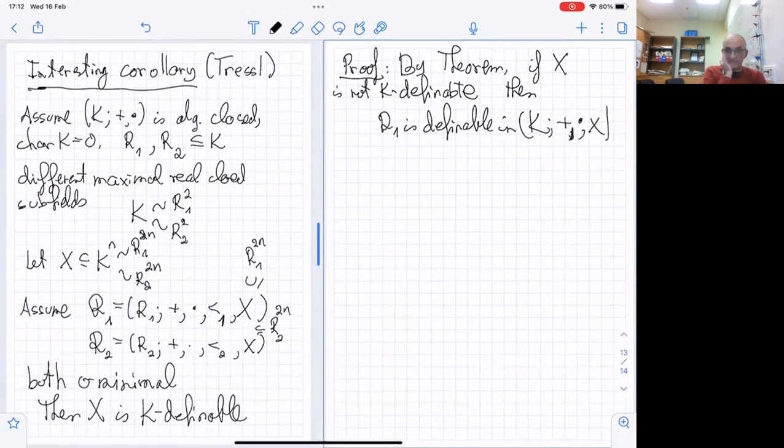That if you expand the algebraically closed field by an O-minimal set, then either X is already definable in the algebraically closed field K, or you can recover R1 in just the algebraically closed field K with the additional structure that we put. Similarly, R2 is definable in K plus times X.